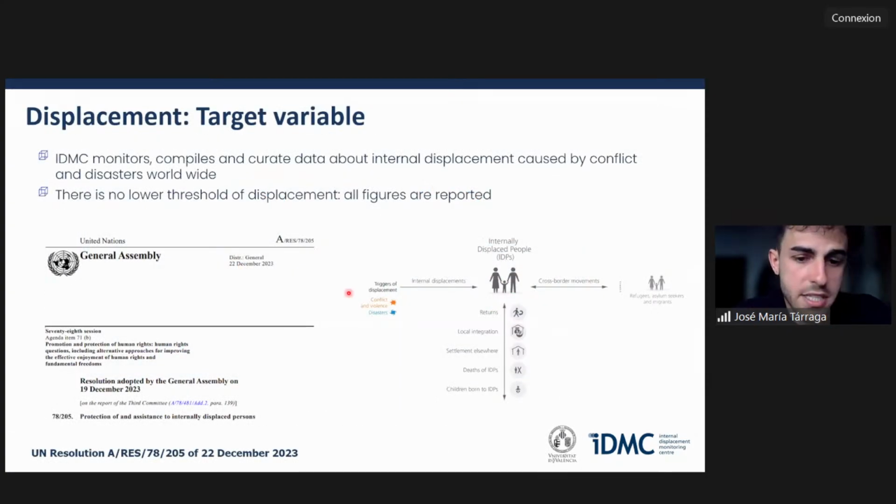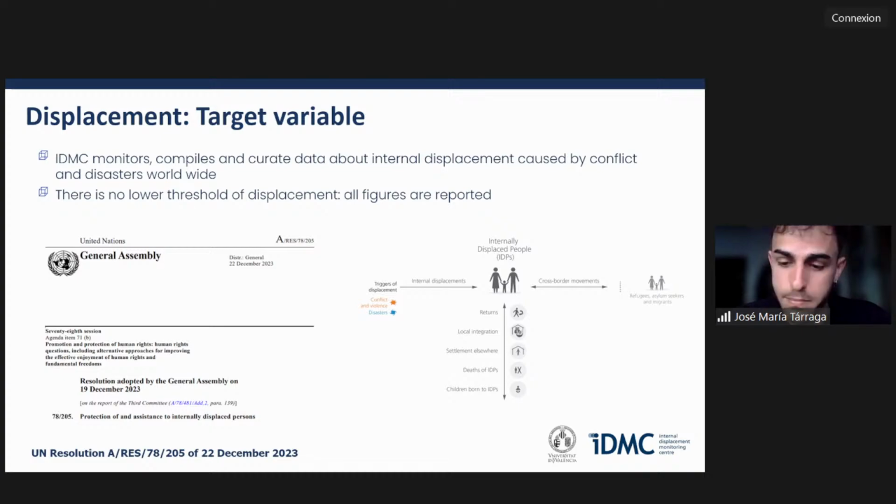Once we have this data set built, we decided to target displacement. I'm going to tell you a little bit about IDMC. IDMC has a UN mandate that specifies that they should collect all information related to disaster displacement, but also conflict and violence displacement.